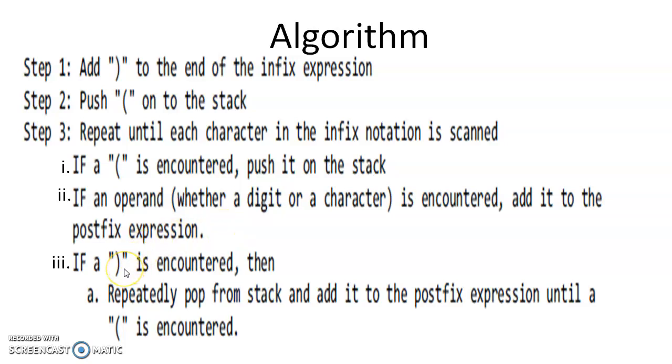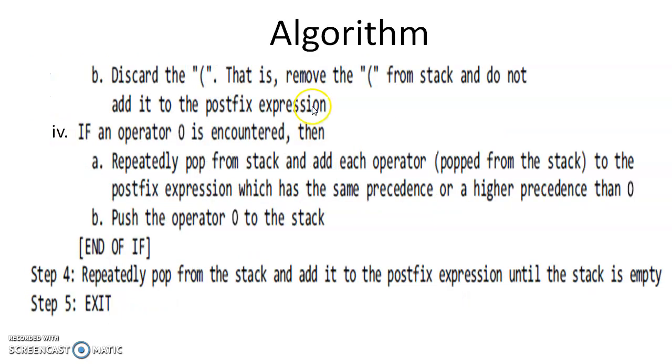When closing parenthesis is coming, repeatedly pop from the stack until the opening parenthesis is encountered. That means we are removing all the operators from the stack until this particular opening parenthesis is coming. Then discard that opening parenthesis. That is, we are removing this particular opening parenthesis from the stack and we are not adding it to the postfix expression.